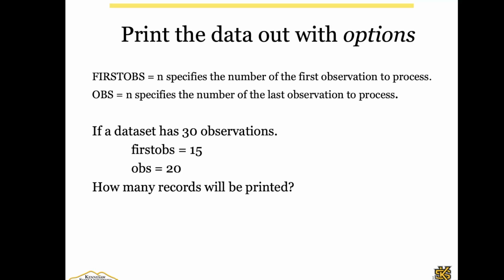We can see that it starts from observation 15 and ends at observation 20. So we will have observations 15, 16, 17, 18, 19, and 20. So we will print 6 records.